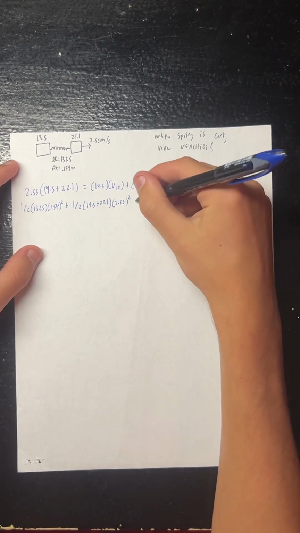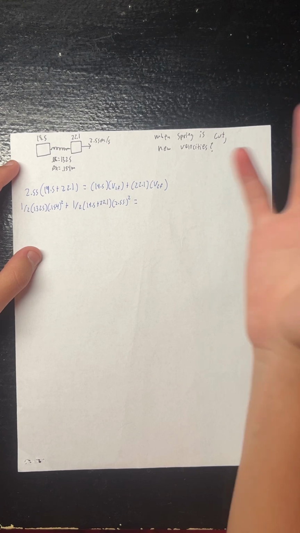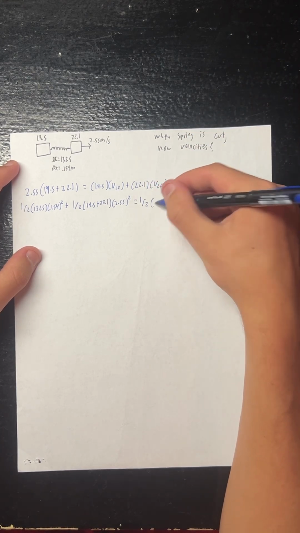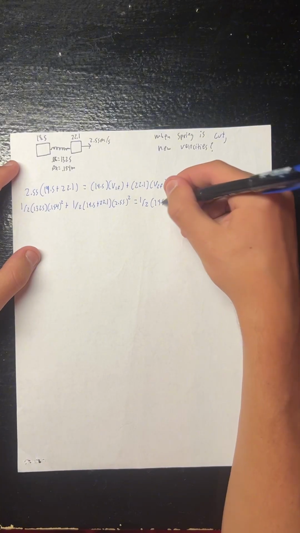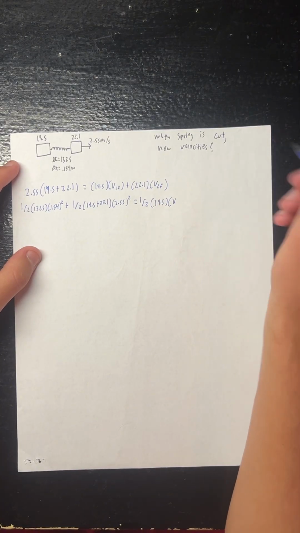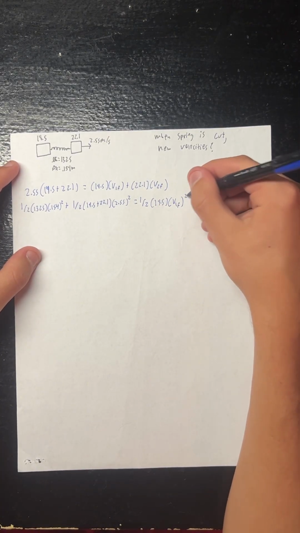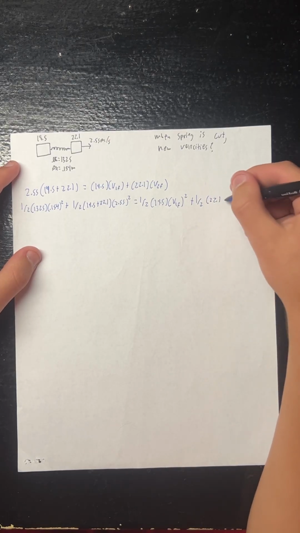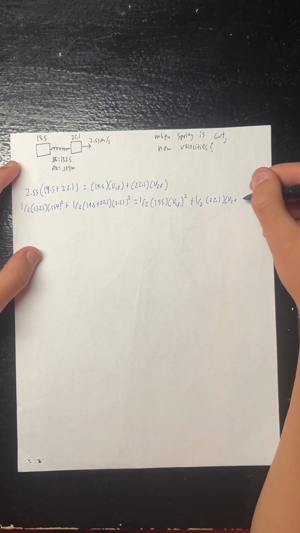And then that is going to equal, once this spring is cut, right, they're going to be two different masses, 1/2 m1 14.5 v1 final squared plus 1/2 m2 v2 final squared.